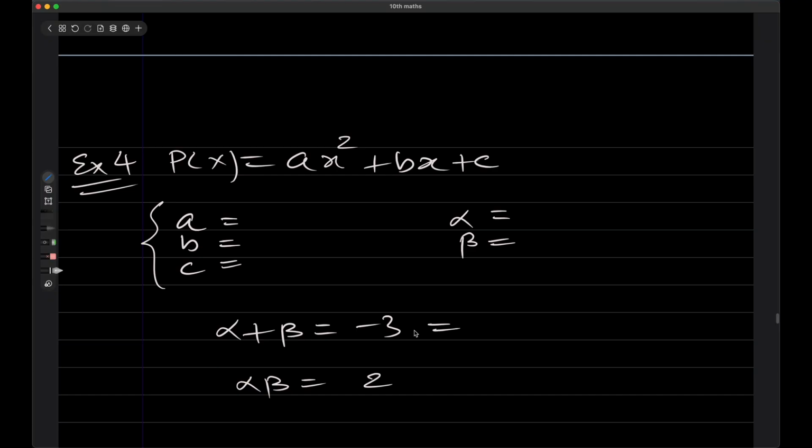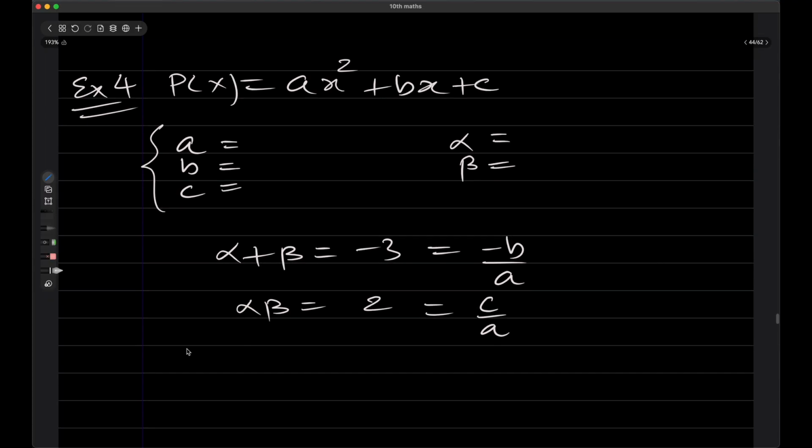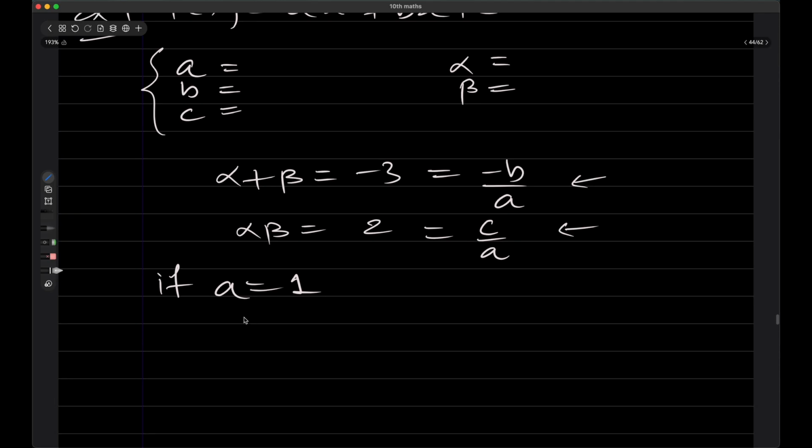We know alpha plus beta equals to minus b divided by a, and alpha beta equals to c divided by a. So if I put a equals to 1 in both of these equations, I will get minus b divided by a equals to minus 3.